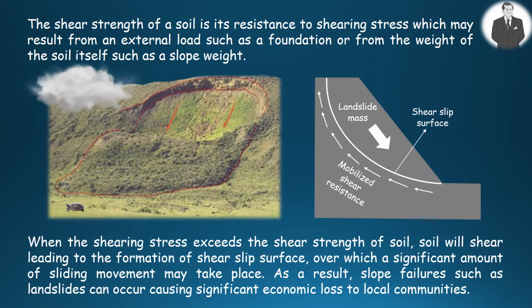When the shearing stress surpasses the shear strength of soil, soil will shear, bringing about the formation of a shear slip surface, as shown in the figure here, over which a huge sliding movement may occur. As a result, slope failures such as landslides can lead to significant economic loss to local communities.